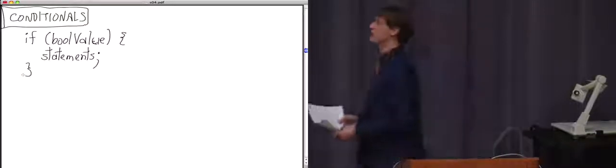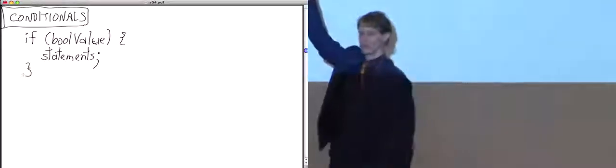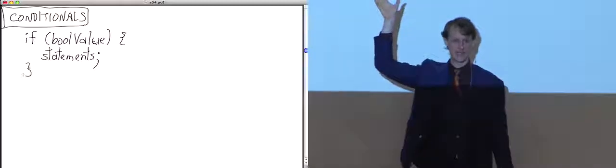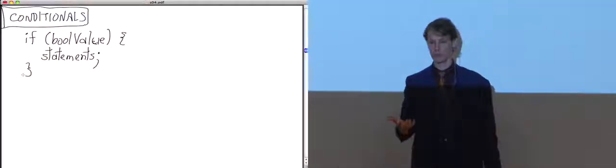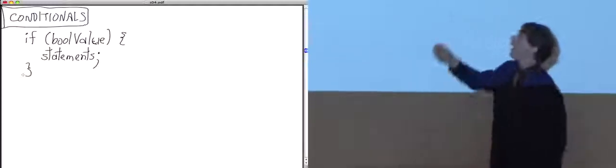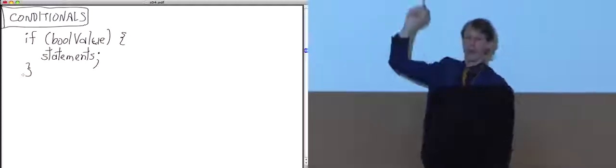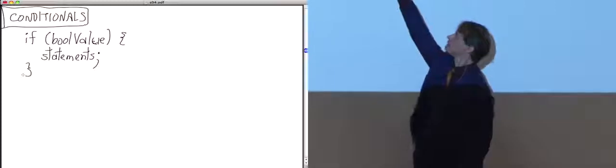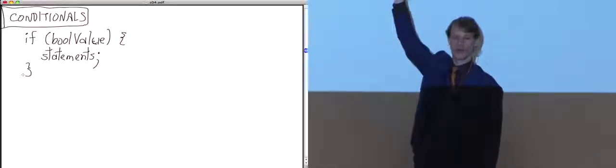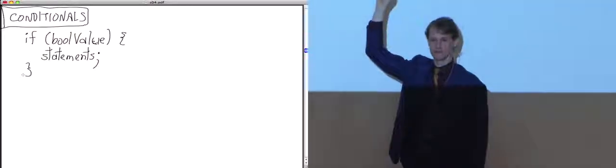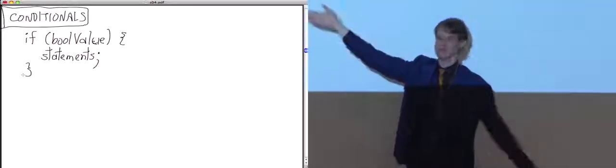So, again, bool value can be an expression inside those parentheses, but it has to be an expression that simplifies down to a Boolean in the end. The parentheses around the Boolean value are required. And why are they required? I don't know.